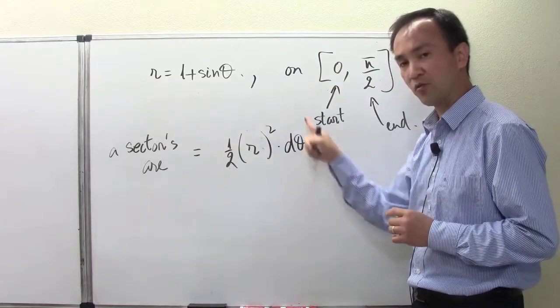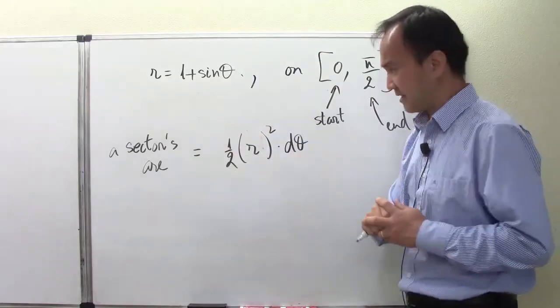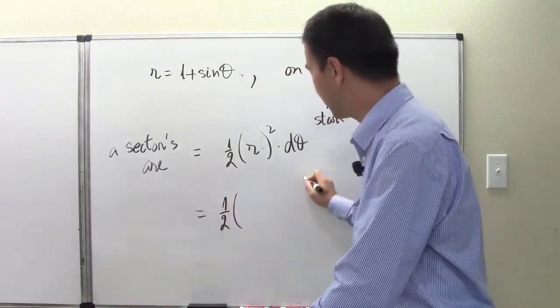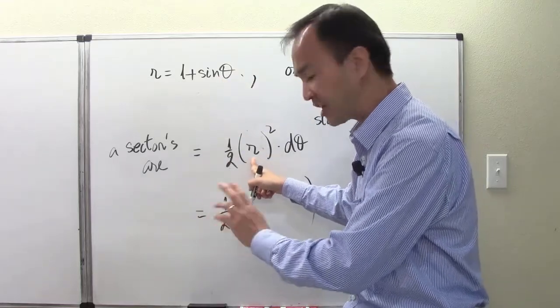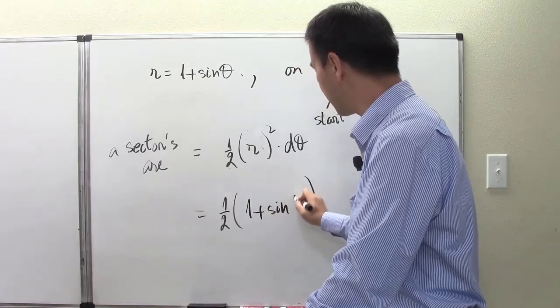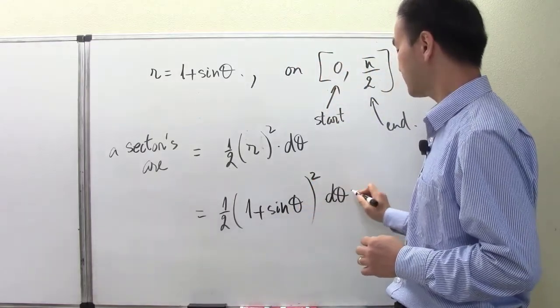This is the formula we pick up from elementary geometry. In our particular problem, the radius is expressed as a function of theta, so it's 1/2 times 1 plus sine of theta, all squared, times d theta.